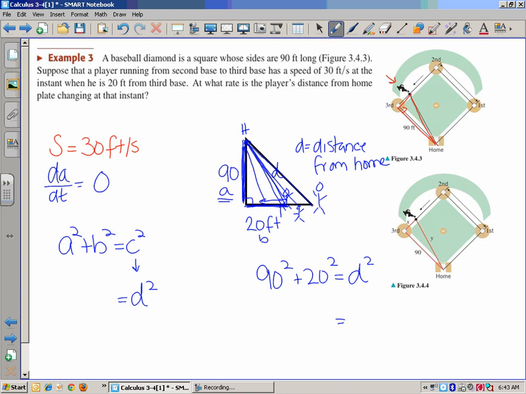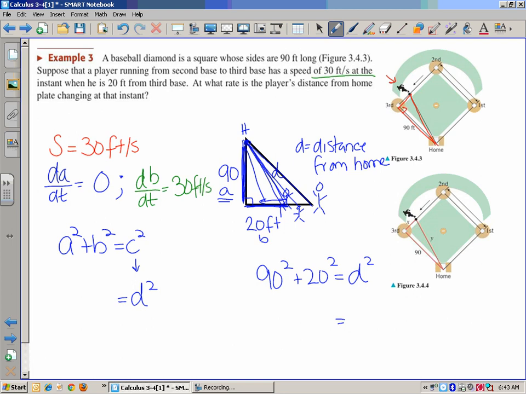Now, I'm not taking the derivative yet. I'm just writing down all the knowledge that I know. The second thing that I know, given in the words in the problem, and this is really important, I was told that dB/dt is equal to 30 feet per second. Now, this is important because it's not given in the word here, but what it says is he's running from second to third.